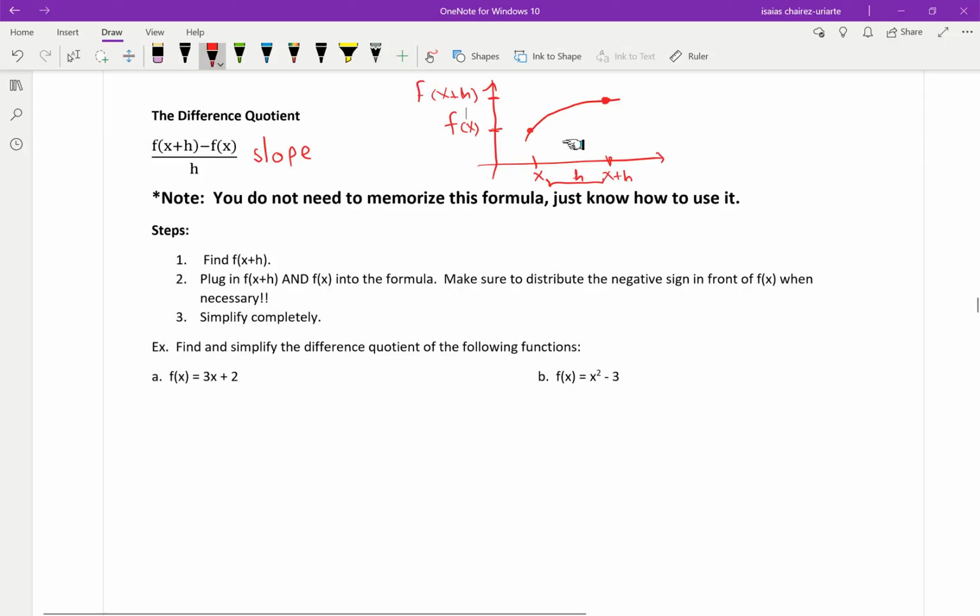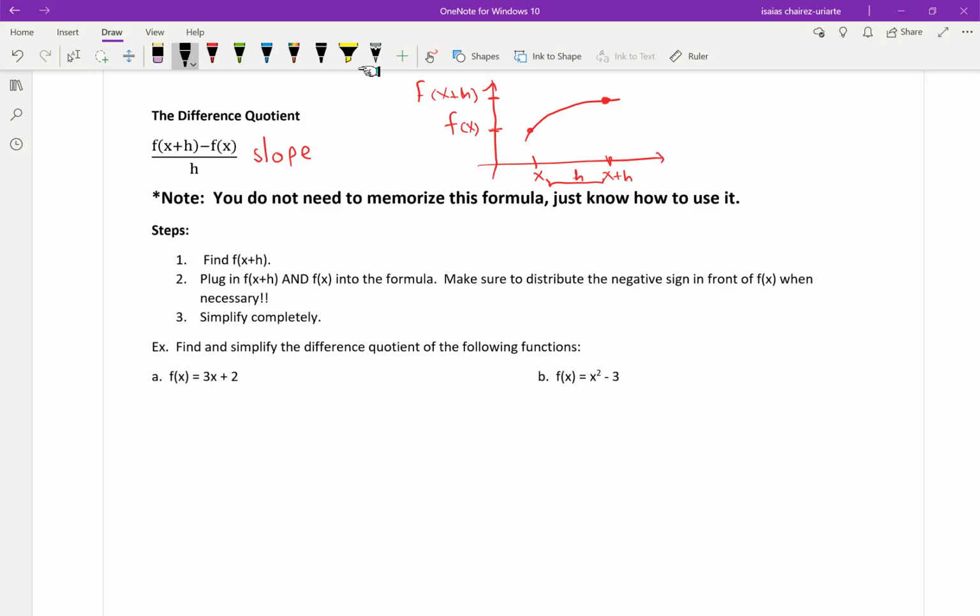And so that's what's going on right now. I have a point. The coordinates of this little point are x, comma, f of x. The coordinate of this point up here is x plus h, comma, f of x plus h.